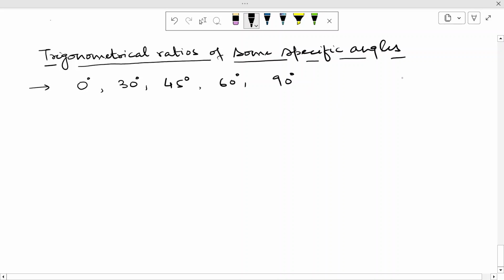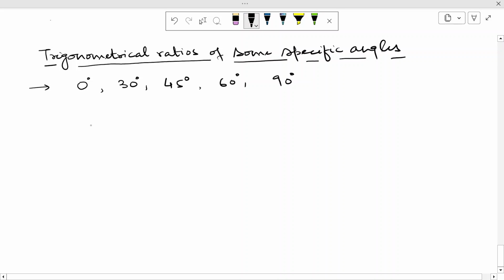Today we will discuss a very simple method to make this table and obtain the values of different trigonometrical ratios for these specific angles. It is a very short video, and it will give you a clear understanding of how we formulate this complete table.